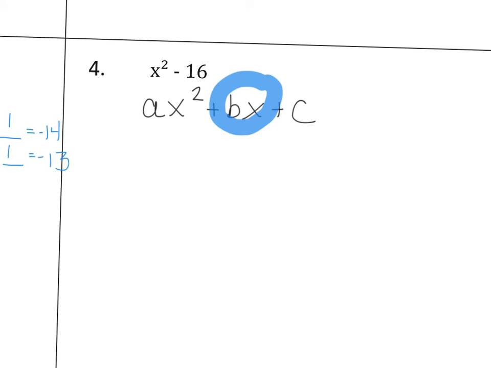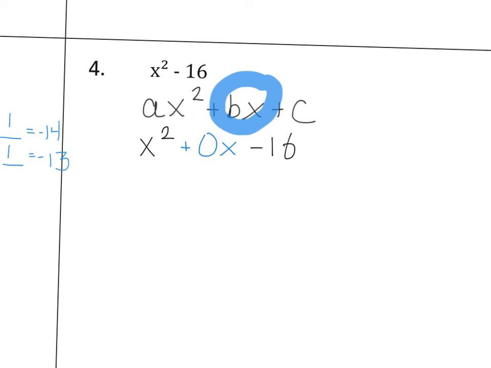If that is the case, you can always add your bx term in. You make sure that x has a coefficient of 0. What I mean by that is we have x squared, we want to add bx in, so we write plus 0x. Remember that anything times 0 is still 0, so we are not adding anything of value in. We are basically writing a placeholder, so it makes it easier to factor.